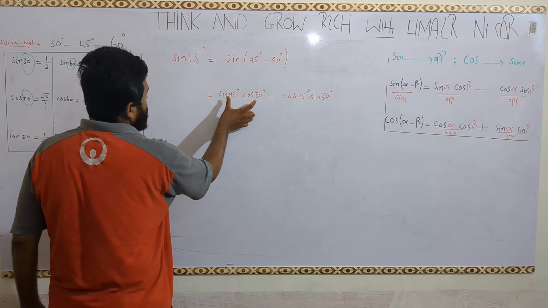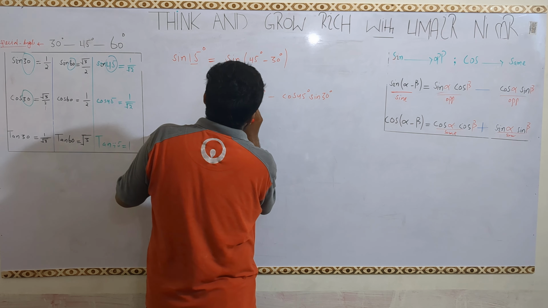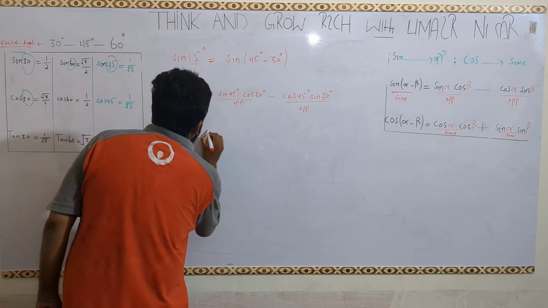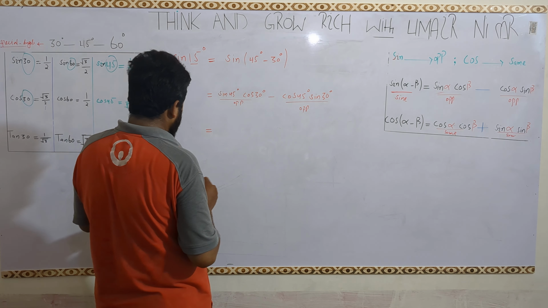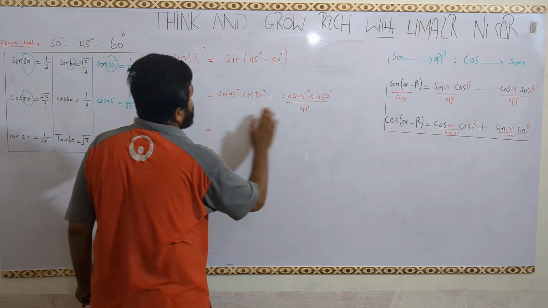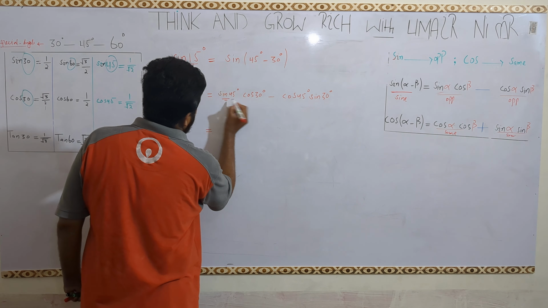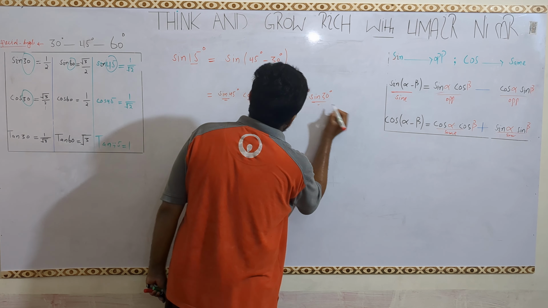Sine, opposite. These are opposite functions. Next, what is the value of sine 45, cos 30? Now we will put in the values.